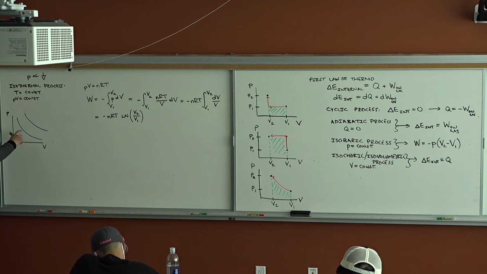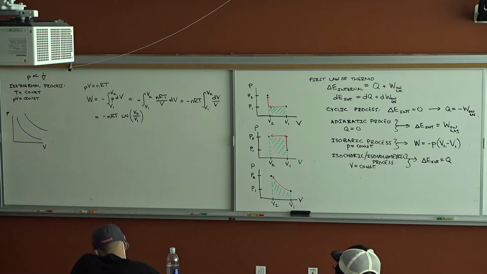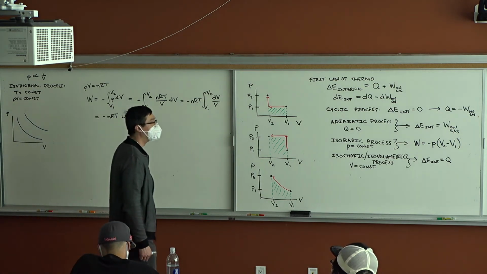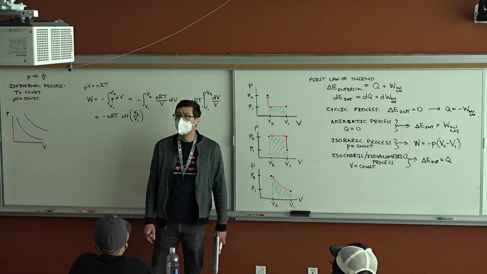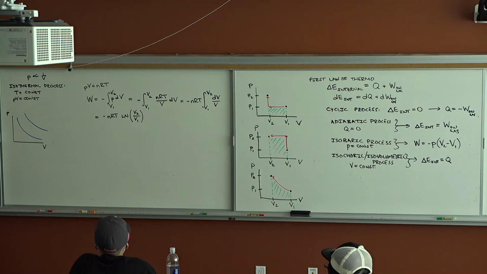Okay. So what I intend is for these to be two different isotherms for the same gas. What does that mean? Different temperature. Which of those has a bigger temperature? Upper one?